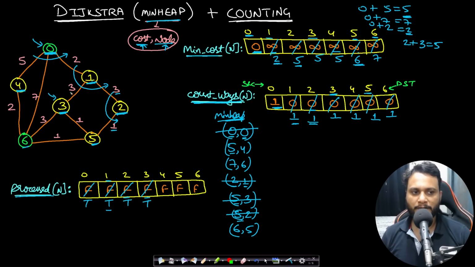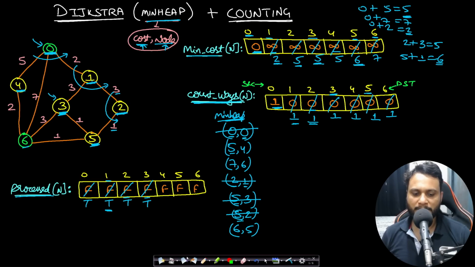And now check all the adjacent nodes. 1 cannot be checked because this is already processed. It will not be processed again. If you look at 5, then the minimum cost to reach 5 via 3 will be equal to the minimum cost to reach 3, which is 5, plus the edge weight 3 5, which is 1. So the minimum cost is 6. What is the cost at 5? Cost at 5 is also 6.